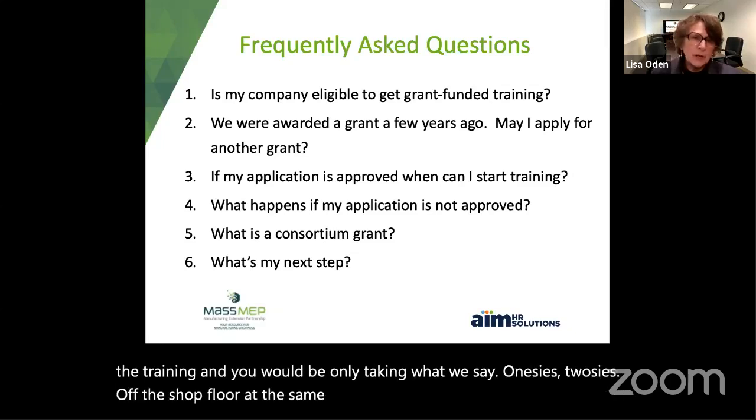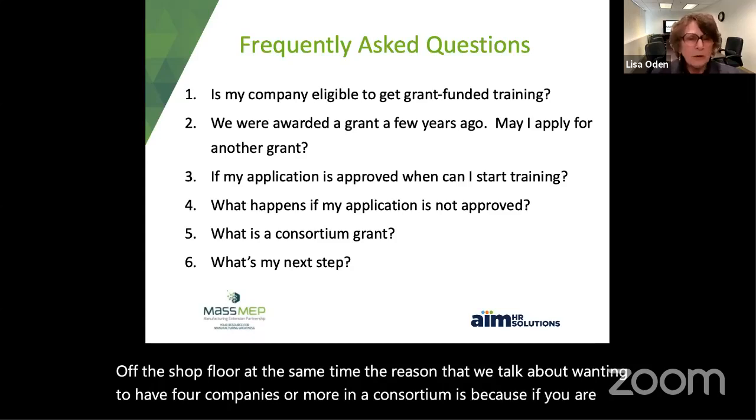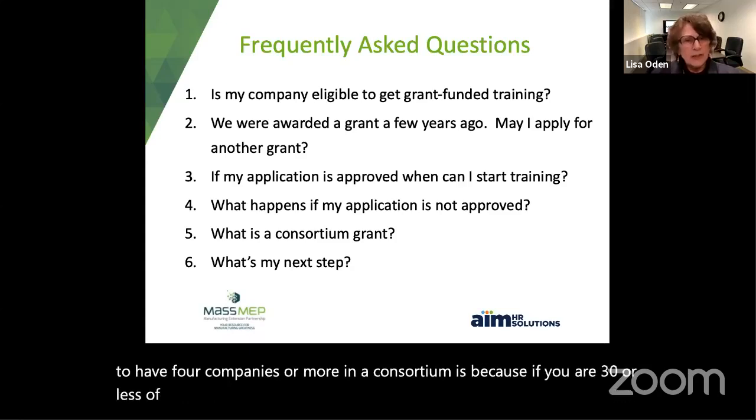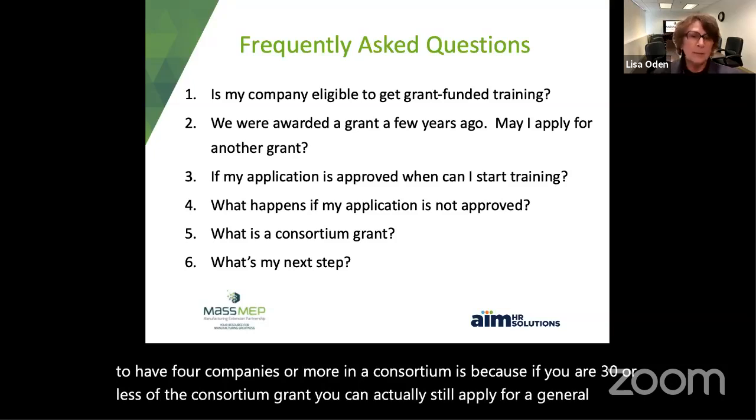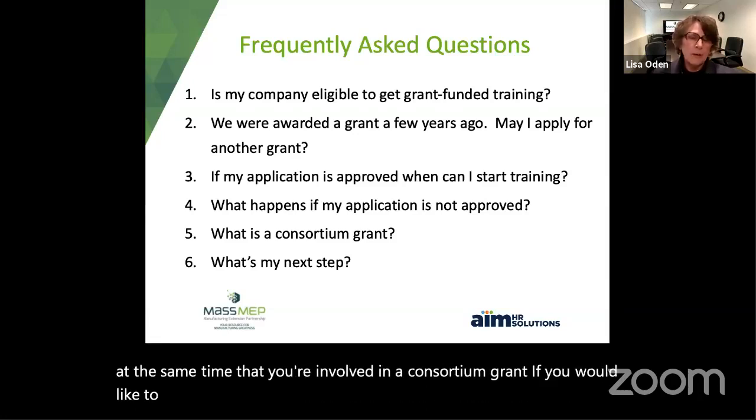We talk about wanting 4 companies or more in a consortium because if you are 30% or less of the consortium grant, you can still apply for a general grant at the same time, if you would like to. We like to preserve that ability for you as your goals may change.